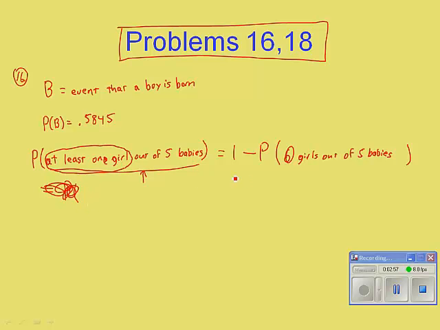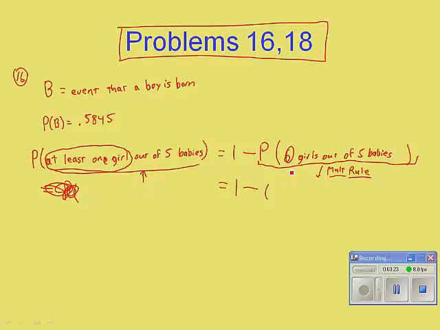So, we get 1 minus. Now, I have to compute the probability of 0 girls out of 5 babies. And so here I'm going to use the multiplication rule. Okay?